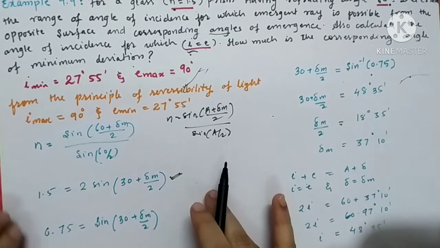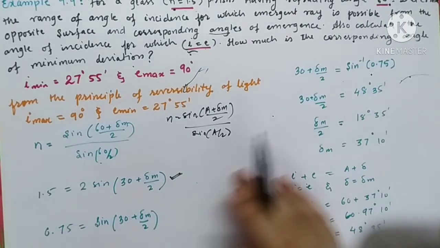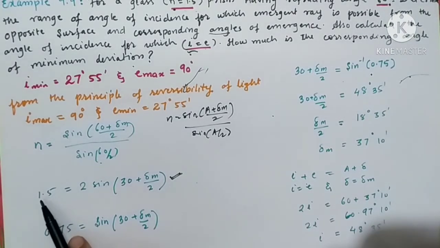Now divide this 1.5 by 2, this value will become 0.75 is equal to sine of (30 plus delta m upon 2). Then take the sine inverse function: taking this sine function to this side, it becomes sine inverse.